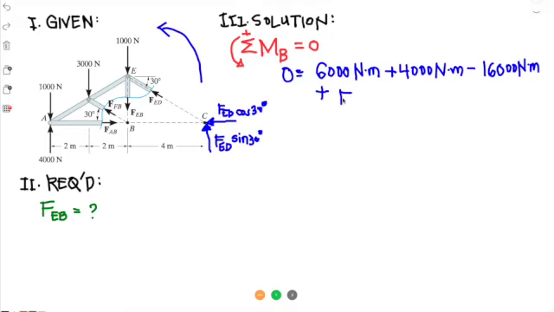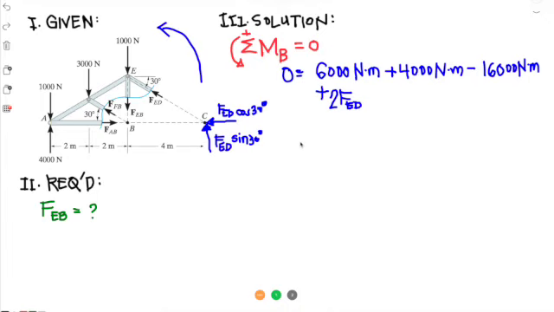So FED sine 30 is 1/2, so that's 2 times FED. Sine 30 times 4 is 2.